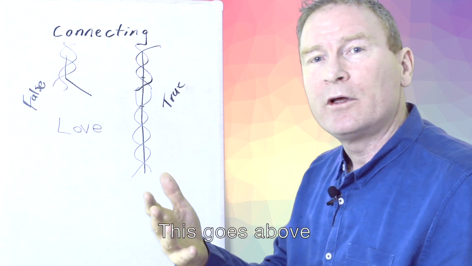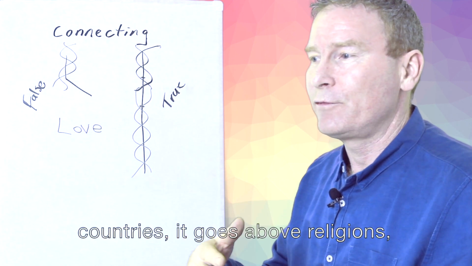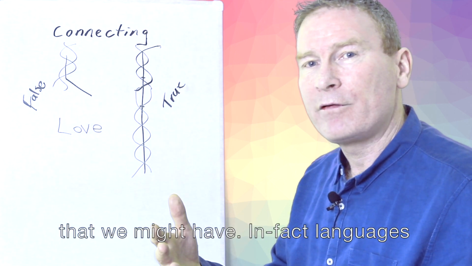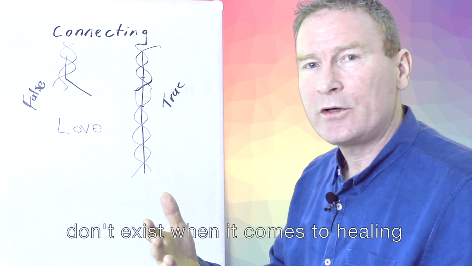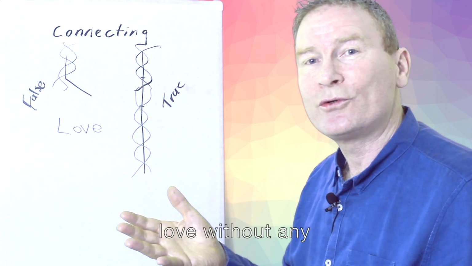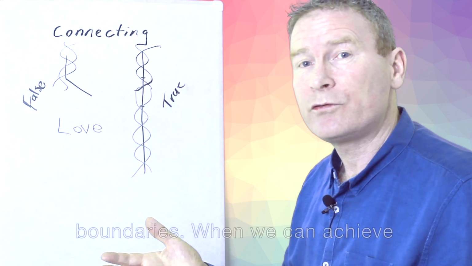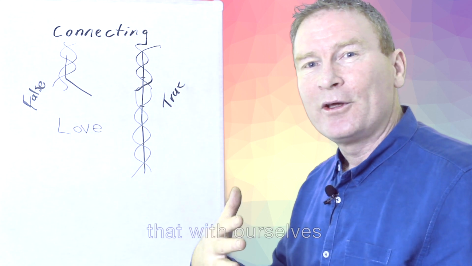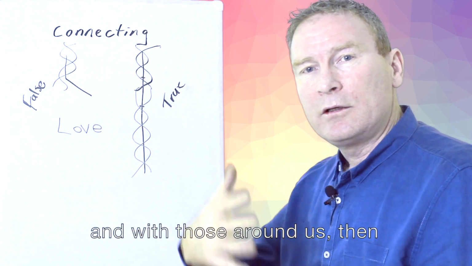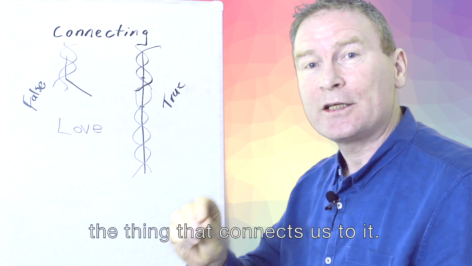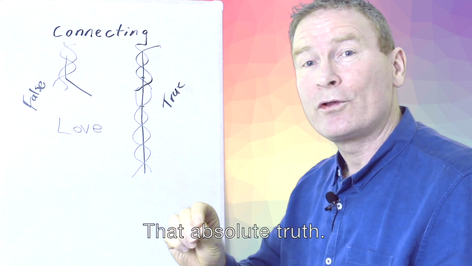So this goes above countries, it goes above religion, it goes above all belief systems that we might have. In fact, languages don't exist when it comes to healing energy. It's just pure, unconditional love without any boundaries. And when we can achieve that with ourselves and with those around us, then healing energy flows. Because that's the thing that connects us to it, that absolute truth.